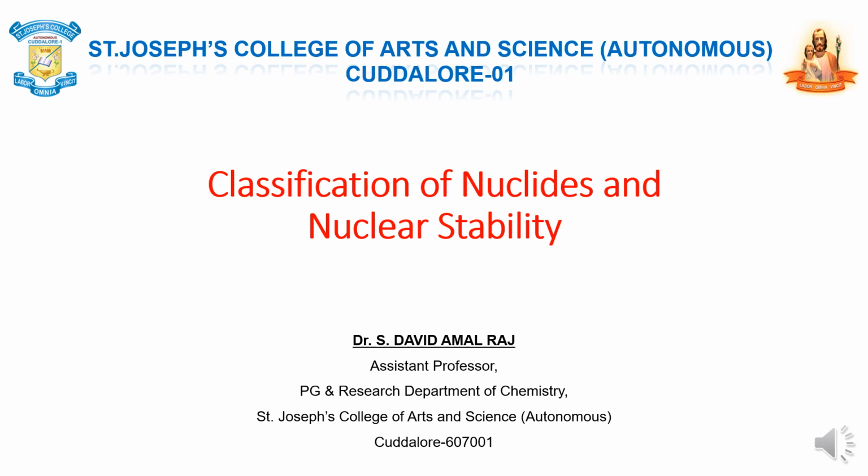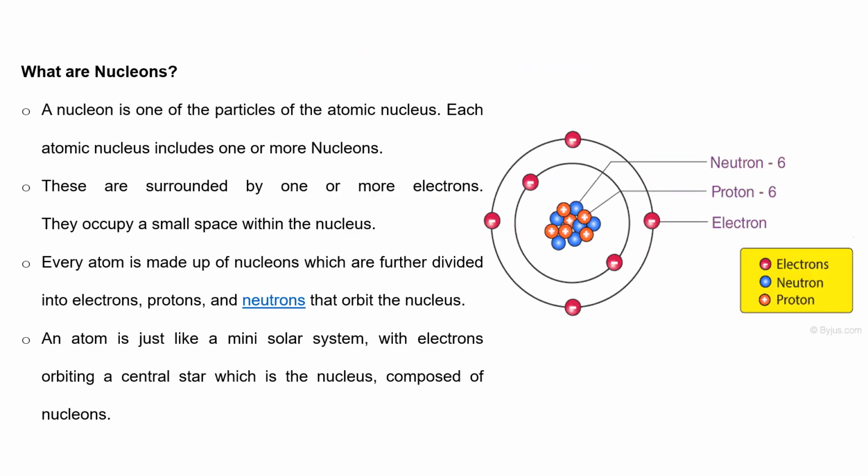Today we are going to see the topic on classifications of nuclides and nuclear stability. First, we have to know what nucleons are. Nucleons are the particles of atomic nuclei. Each atomic nucleus includes one or more nucleons, surrounded by one or more electrons.